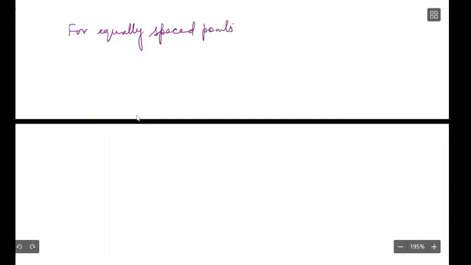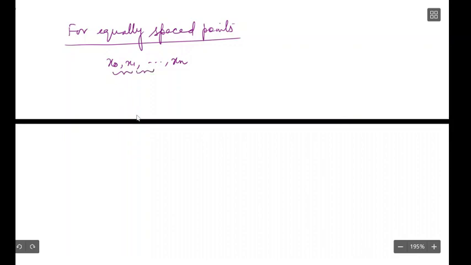In that case, for equally spaced points, that is x0, x1, up to xn, they are all equally spaced.